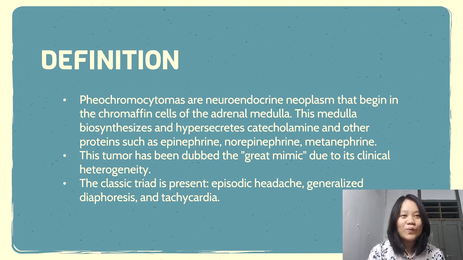Pheochromocytoma is a neuroendocrine neoplasm that begins in the chromaffin cells of the adrenal medulla. Pheochromocytoma can cause hypersecretion of catecholamines, which consist of norepinephrine and epinephrine. The classic triad for pheochromocytoma is palpitation, headache, and profuse sweating.